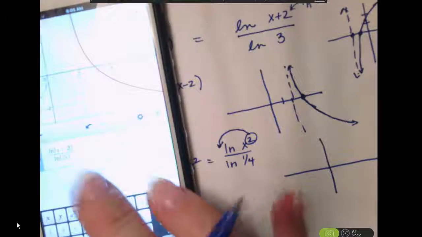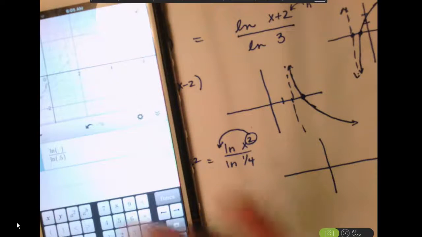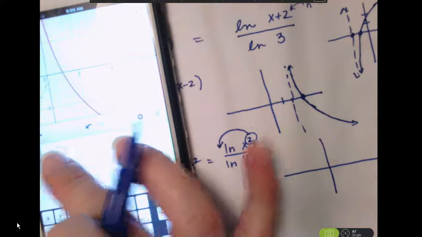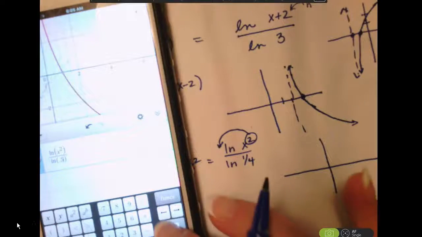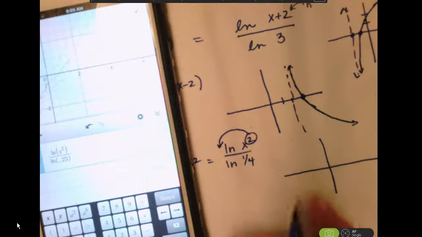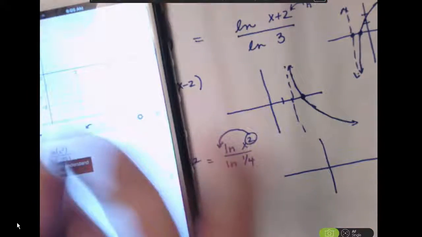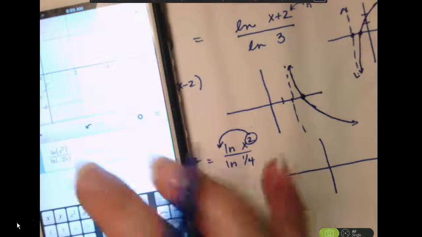So let me go back in here and just replace my other function with x squared over 0.25. And I've got some kind of a caution here. Sorry, I don't understand this.